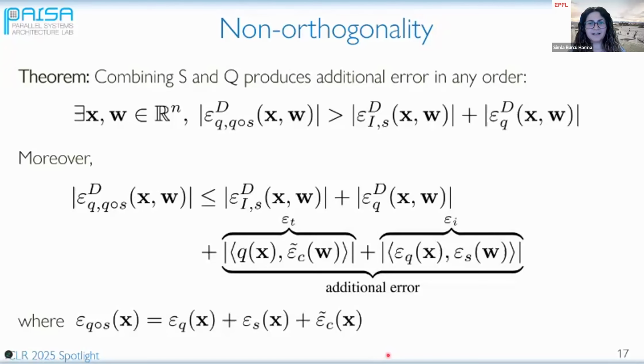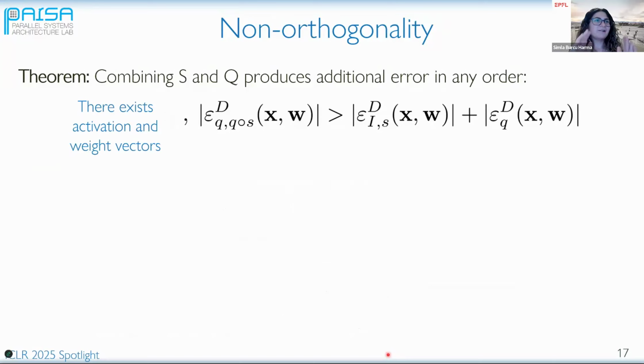Now, I show this slide, but it has a lot of symbols and math in it, so I will try to simplify what is happening here step by step and using words. Now, we say our theorem says that combining sparsity and quantization produces additional error in any order.